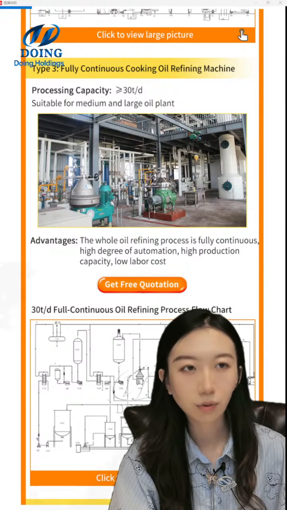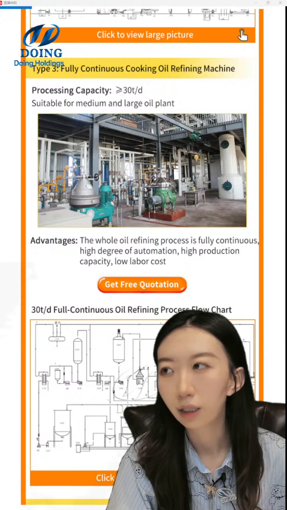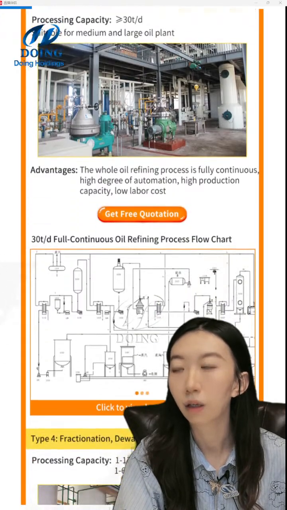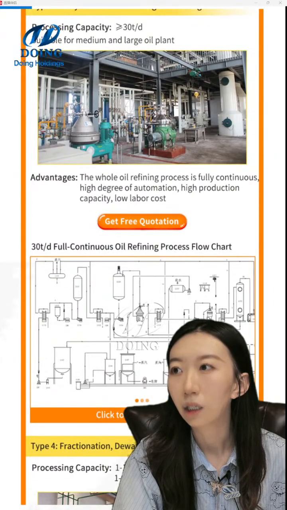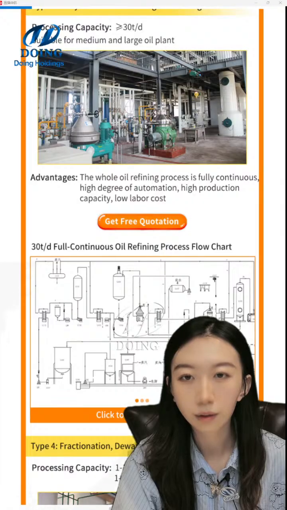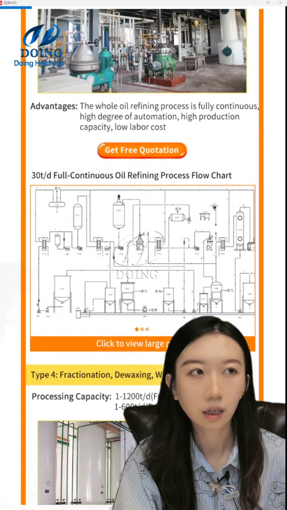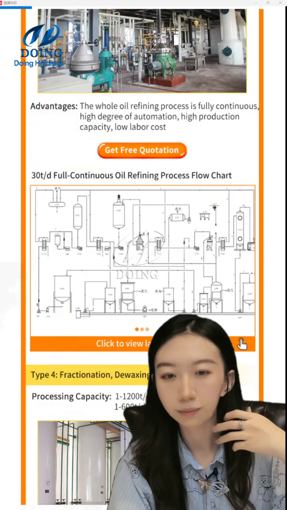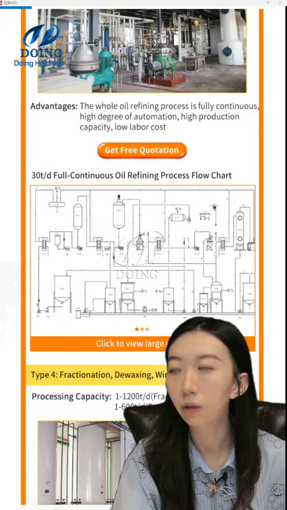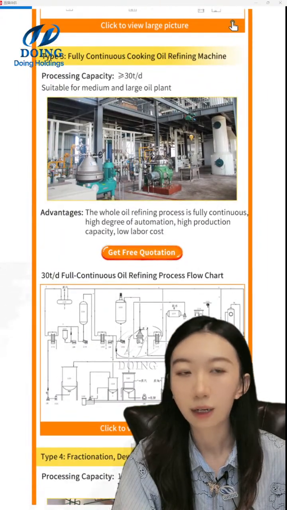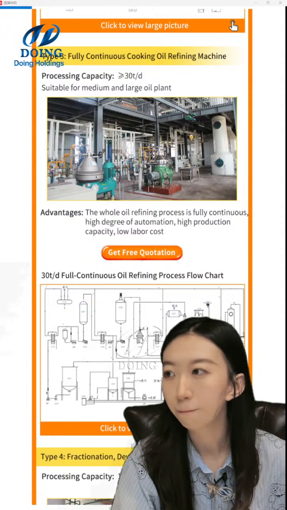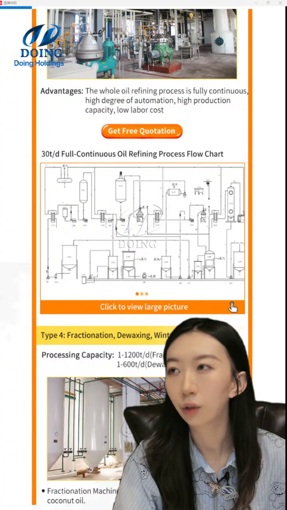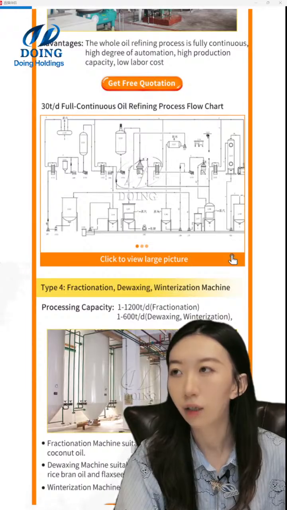You can use the PLC intelligent control system to control the entire process, make the labor cost lower, and the quality of edible oil higher, giving you a better refining effect. And this is our fully continuous refining process chart.